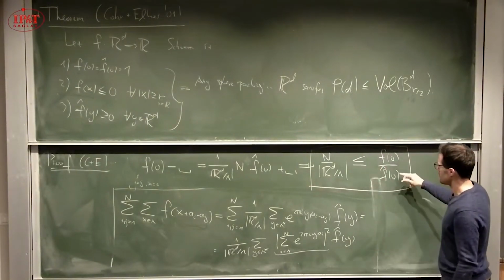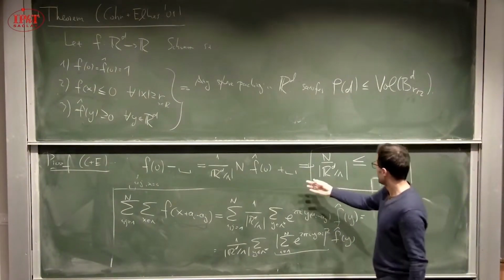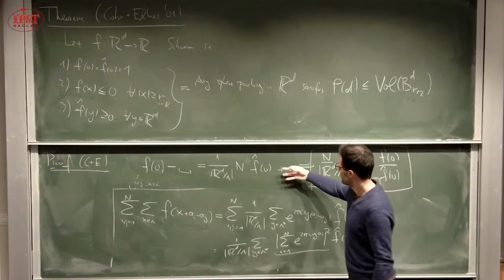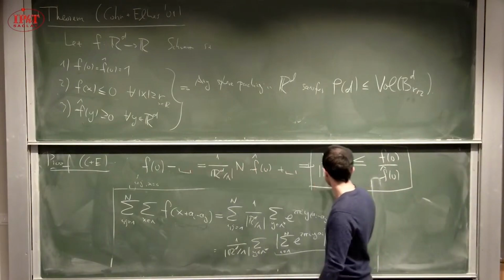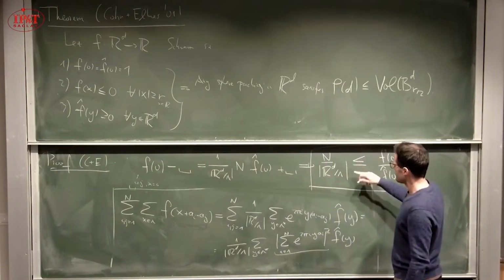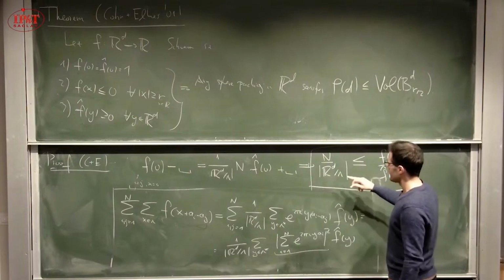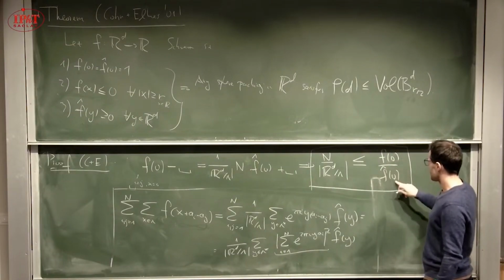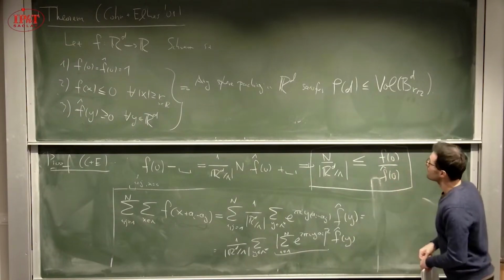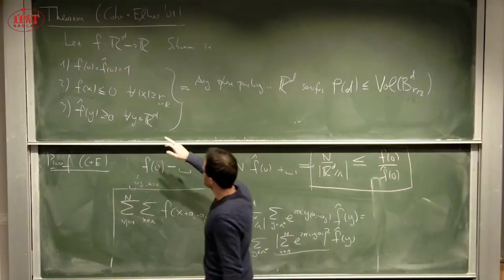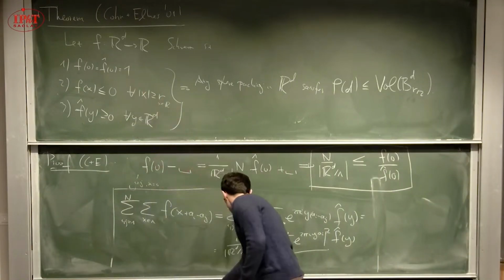That's just I put this to the left, so that's why I have less than or equal to, and I have n over r to the d. I divide both sides by f hat of 0, which is the normalization, 1, so I may as well just write 1.